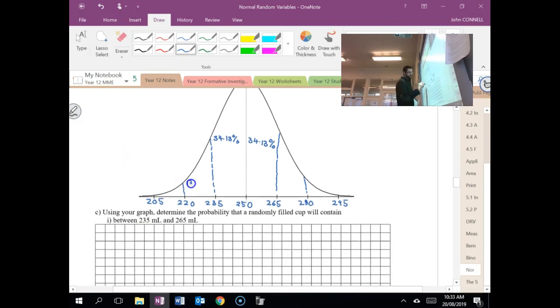Then these values are going to count for 13.59%. And then the very edges are going to count for 2.15%. And then outside 3 standard deviations on either side is going to account for 0.13%.